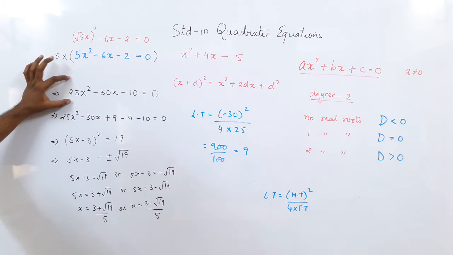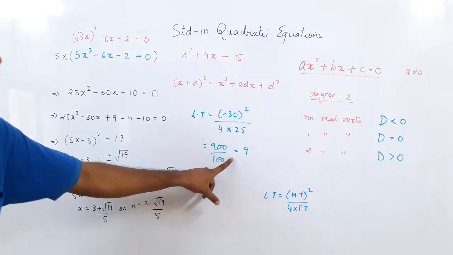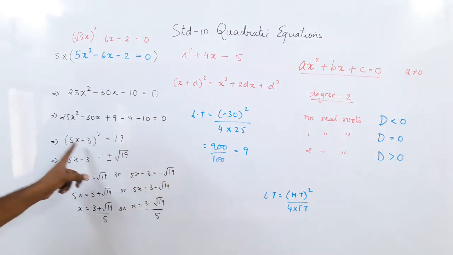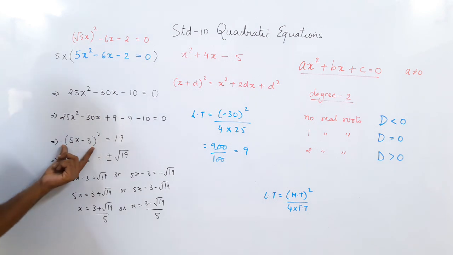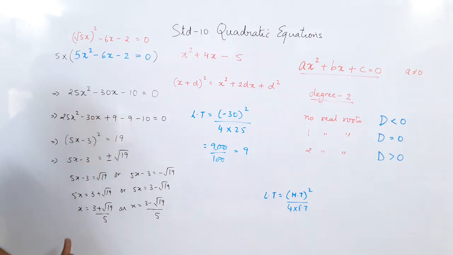This is 5x the whole square. So this is a perfect square now. I know the first term, I know the middle term. Using this formula I found out the last term, added and subtracted. So this became a perfect square, and the number went on this side, then finding the root on both sides, arranging and getting the answer. So this method is called completing the square method.